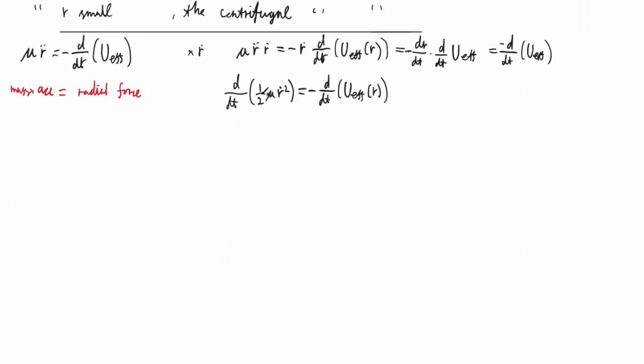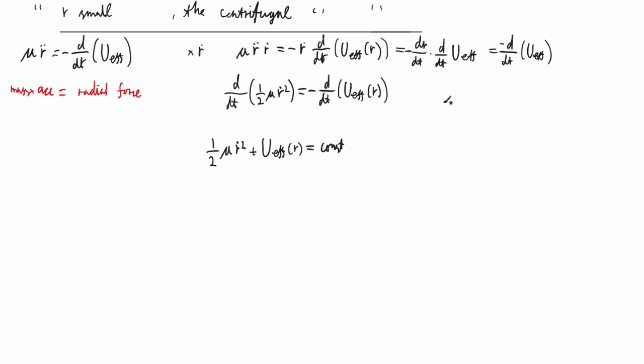So we can put these two over on one side of the equation and then integrate. We will then find that we have 1/2 mu r dot squared plus U effective of r equals a constant.